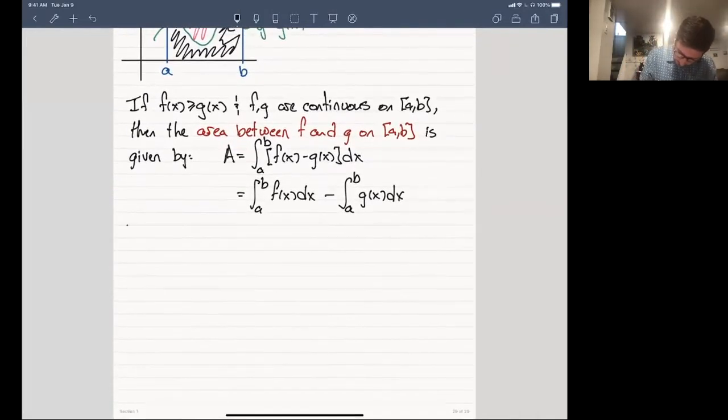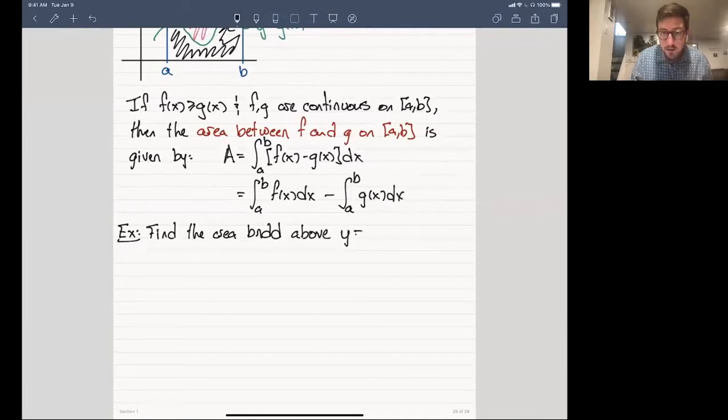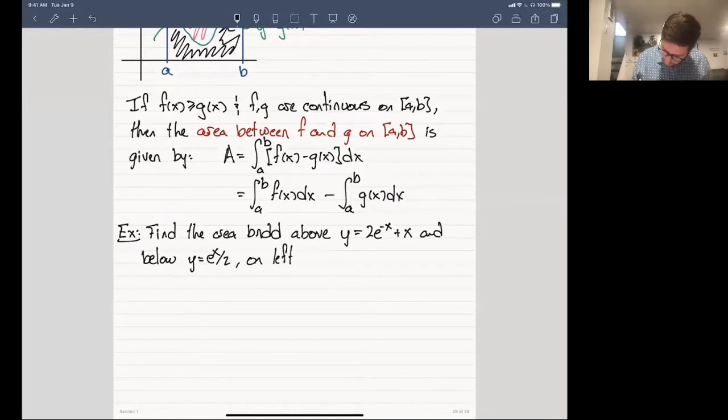So let's say, as an example, let's find the area bounded above y is equal to 2e to the minus x plus x, and below y is equal to e to the x over 2, on the left by x equal to 0, and on the right by x equal to 1.